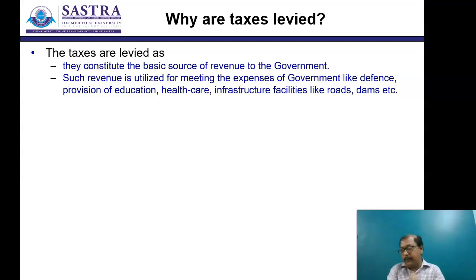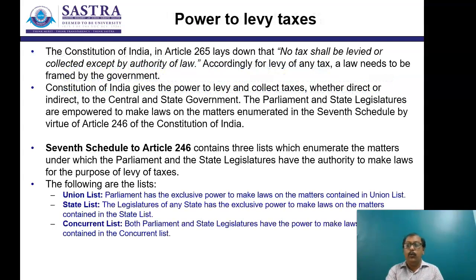All these types of services are going to be provided. The public services are going to be provided through these taxes that are going to be collected. So that's the reason why the government has to depend on the taxes, for all these very important reasons. Okay. Who has got the power to collect the taxes or levy the taxes?